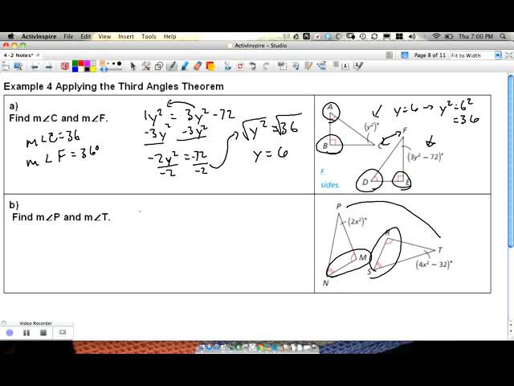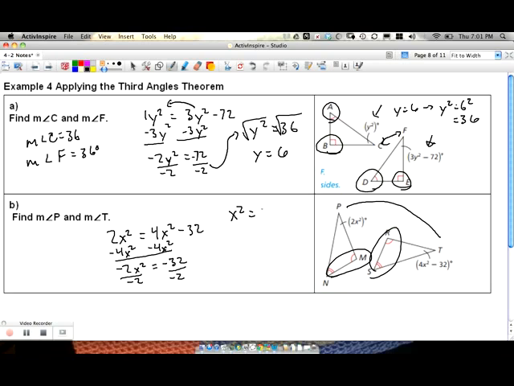Well, let's get rid of this 4x squared so we can start doing some dividing. That gives me negative 2x squared is equal to negative 32. If I divide by negative 2 on each side, then I'll have x squared equals 16. Then x equals 4 if I square root both of those. So x equals 4, and it's asking me to find the measure of each of these angles.